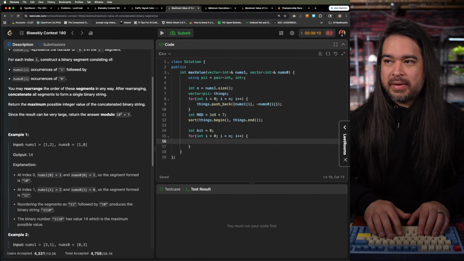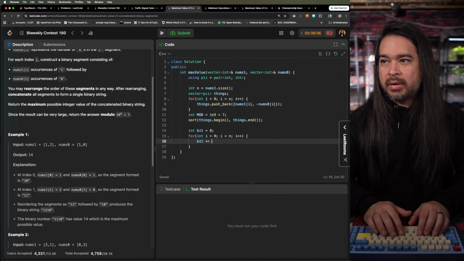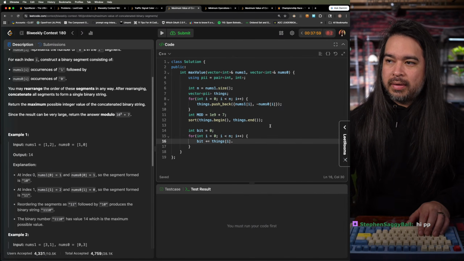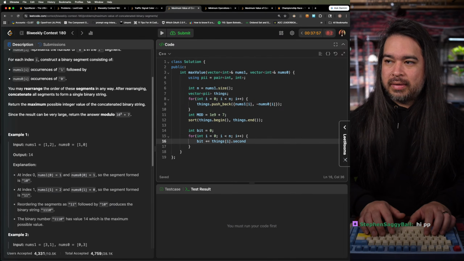All right, now we're at bit 0. So the first thing we do is go through the zeros. And that would be i dot second.